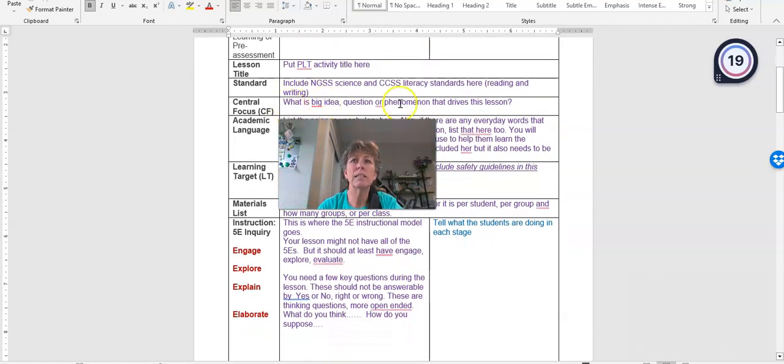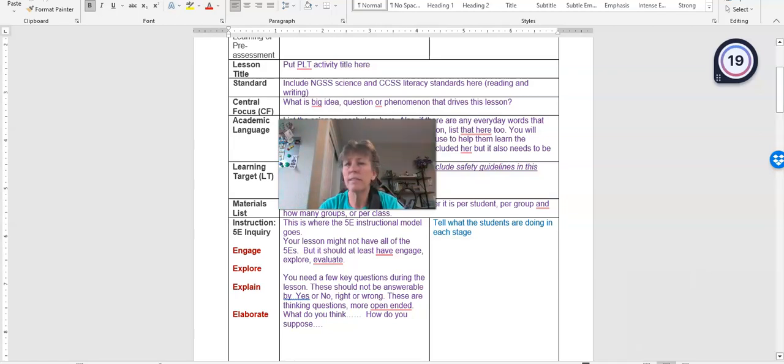This is the central focus, just a real brief description of what you're talking about in the lesson, what your students are going to learn. So any science vocabulary here that they will need to learn for the lesson, and then a strategy. So thinking about an explicit strategy for how you're going to teach that in the lesson.